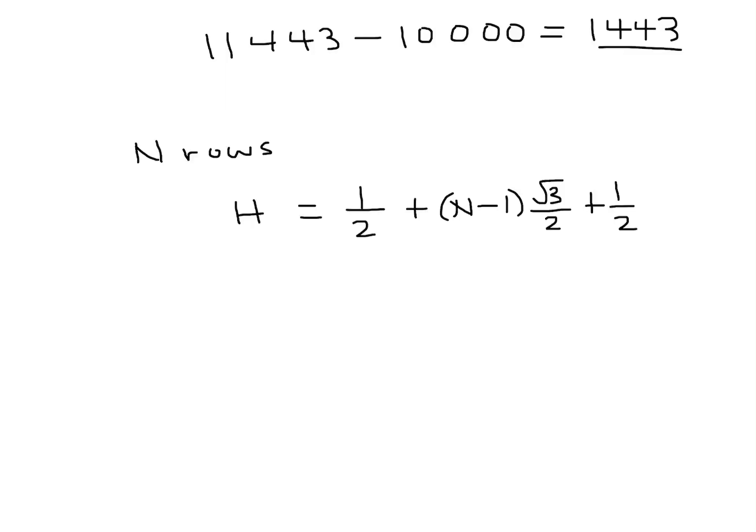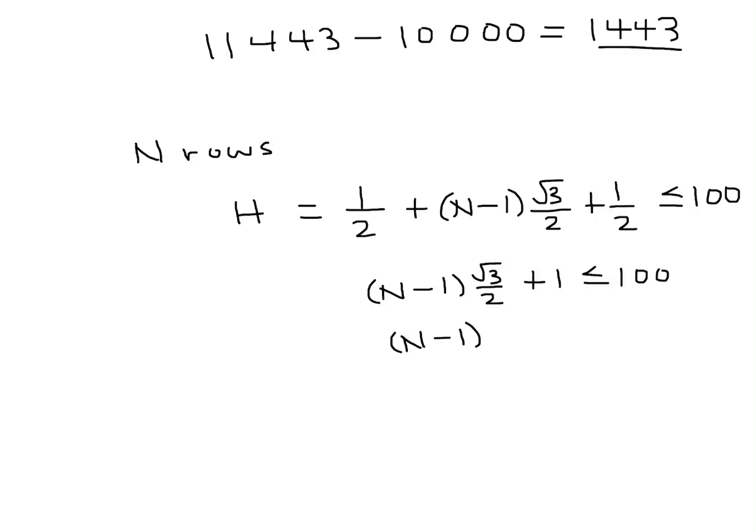Okay, this is the height. And we want this to be less than or equal to 100, which is the height of the square. So we can use this also to solve for n. Now if you do the math here, you'll get (n minus 1) root 3 over 2, plus 1 is less than or equal to 100.